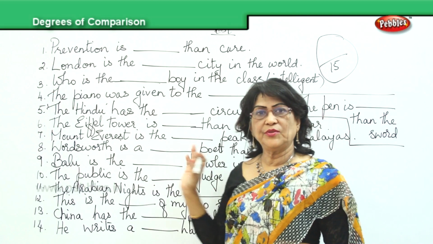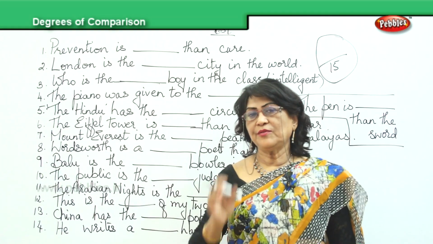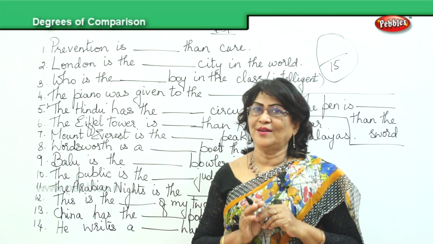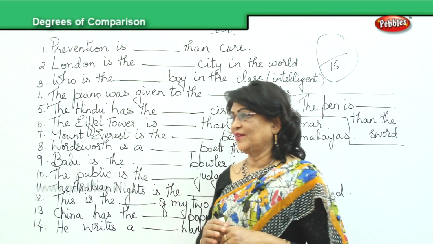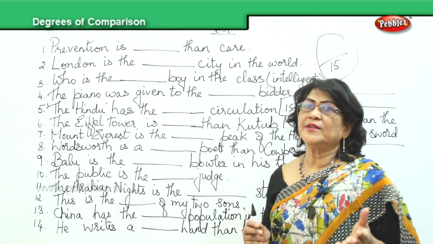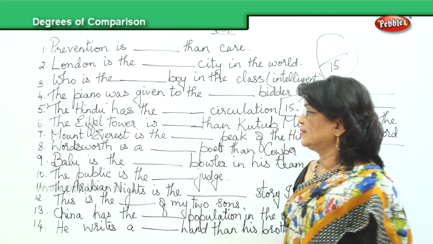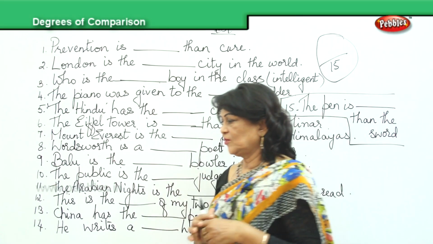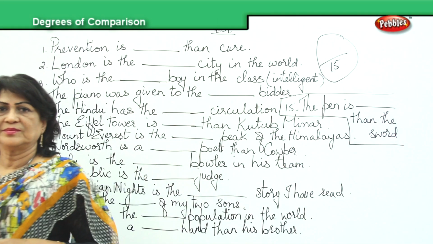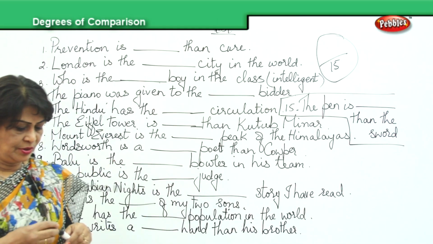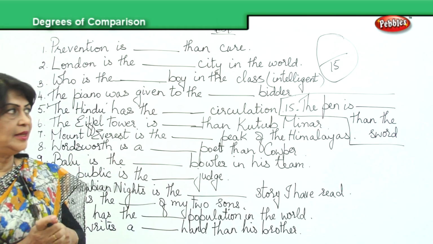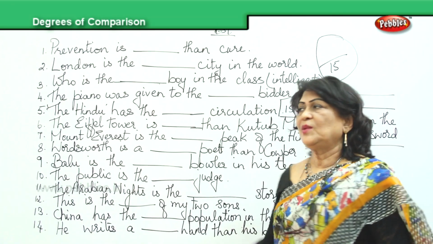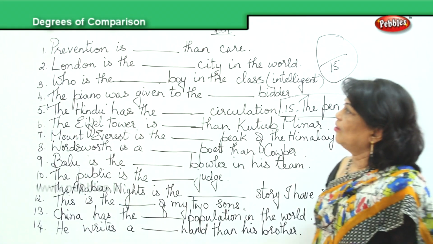If you get 15 on 15, you get a big star and you are the superstar of adjectives, degrees of comparison. Come on, try and do it. Work it out. I've taught you all the rules. Let's see whether you're able to do it. Shall we check it up?